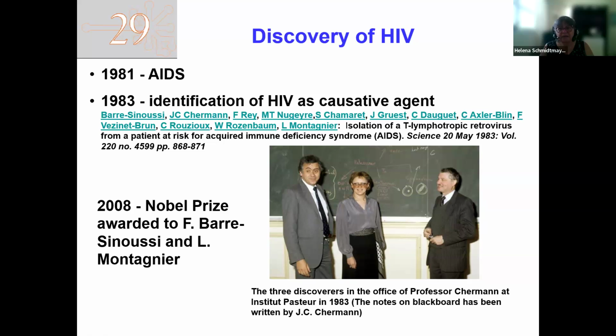The discovery led to the Nobel Prize for Medicine in 2008, and sadly, the Nobel Prize was awarded to Barré-Sinoussi and Montagnier because she was the first author on the paper and he was the last one, even though the major role in discovery was played by Jean-Claude Chermann because it was his laboratory where François Barré worked, and he was a leading force behind the discovery. Sometimes things like that happen in science.